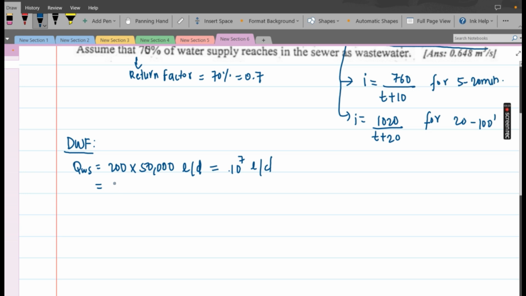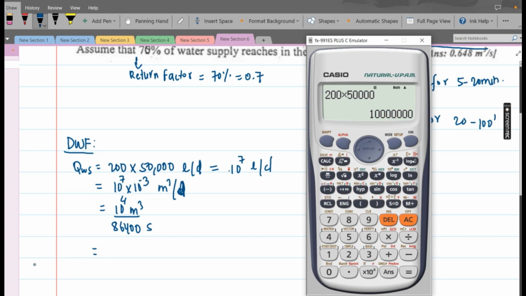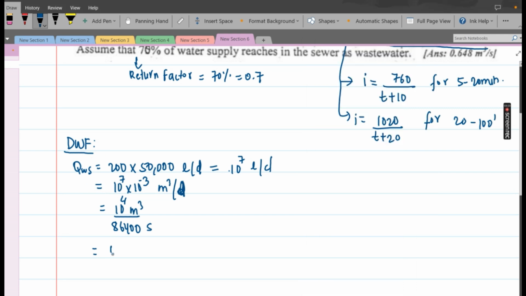If we convert this into meter cube per second, it will be 10 to the power 7 into 10 to the power minus 3 meter cube per day, which is 10 to the power 4 meter cube per day. To convert from per day to per second, we divide by 86400 seconds. So 10 to the power 4 divided by 86400 gives 0.115 meter cube per second.